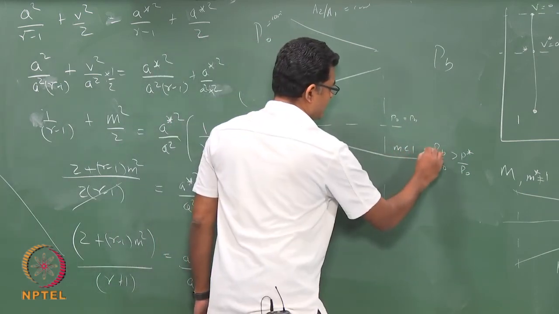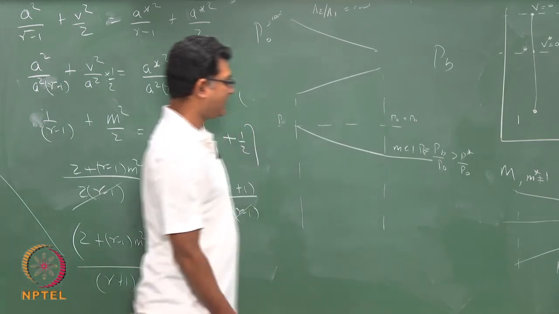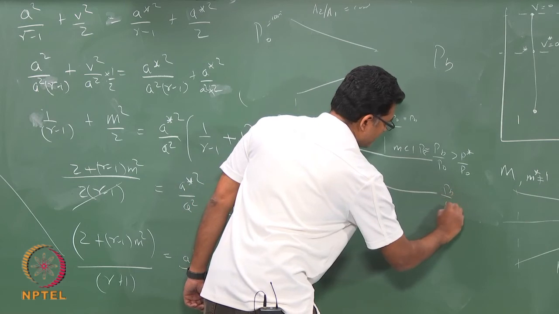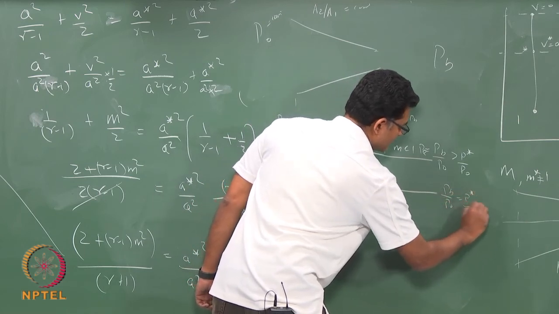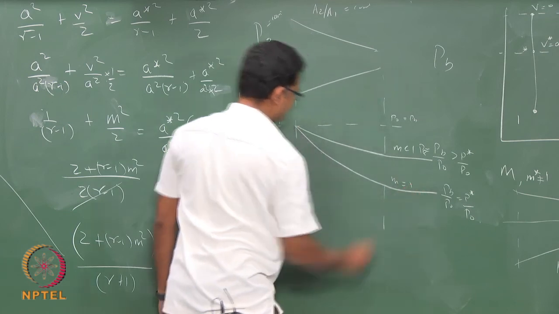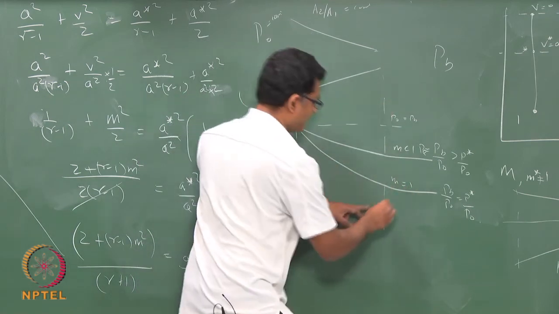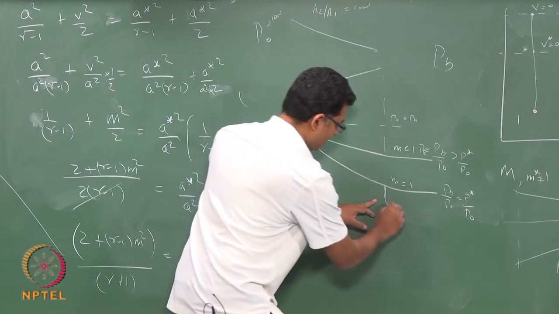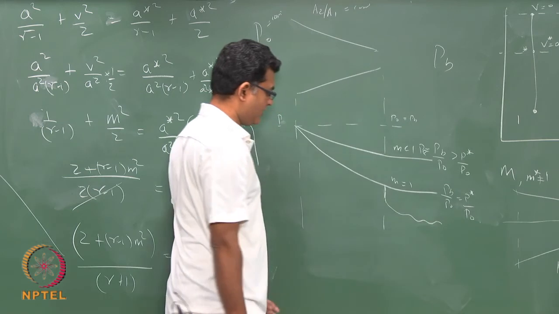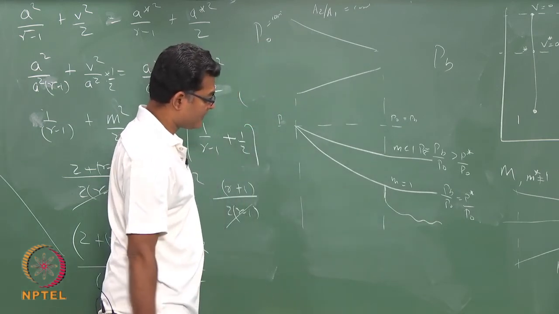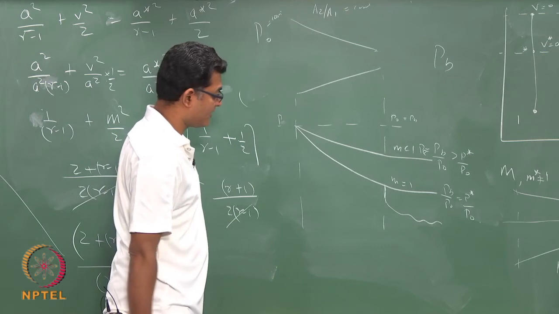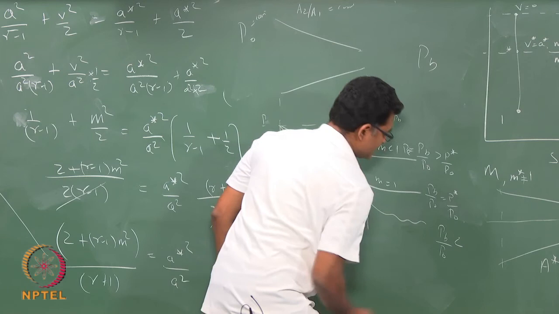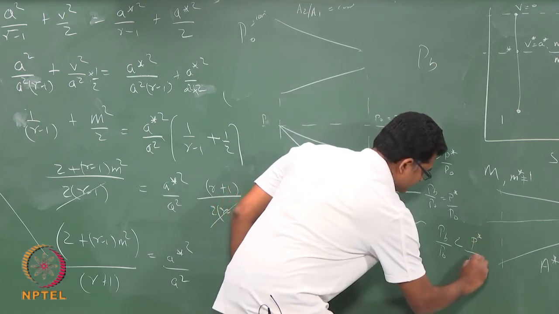Your PB will also be equal to your P exit at this condition, and when it reaches the critical value you would get your M equals 1. Any further decrease in your back pressure will not change the flow inside or at the exit, but after the exit there will be some phenomena happening which we have not discussed yet, which will be discussed later. So this is what happens when PB is much less than your critical pressure ratio.